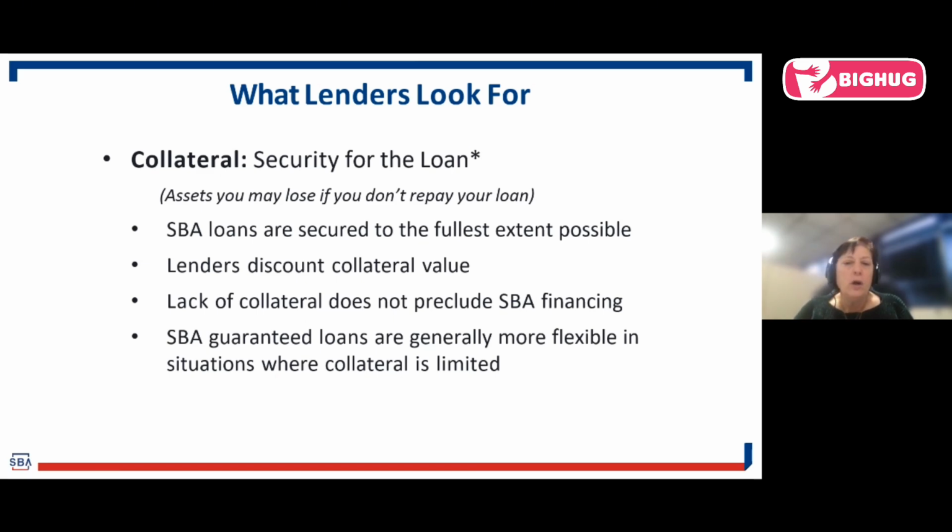Okay, so there's a liquidation schedule for all the types of assets depending on the type of loan product you're doing. Accounts receivable, inventory, furniture, fixtures, equipment, leasehold improvements, they all have a different liquidation value percentage.